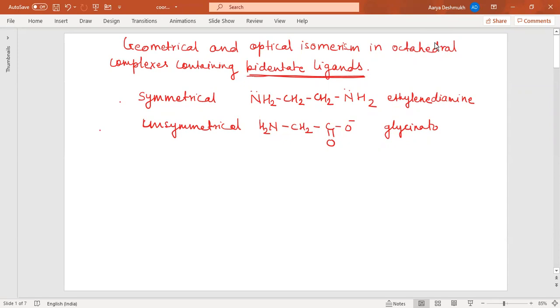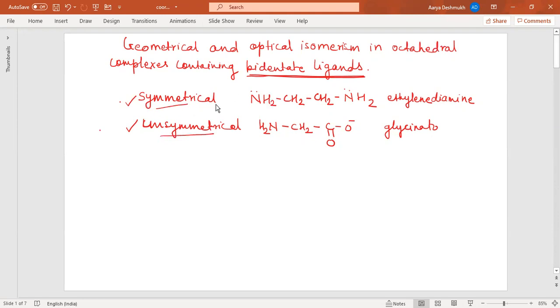Now bidentate ligands, as you all know, contain two donor atoms. Within a ligand there are two donor atoms, and these bidentate ligands are of two types: they might be symmetrical and they might be unsymmetrical.